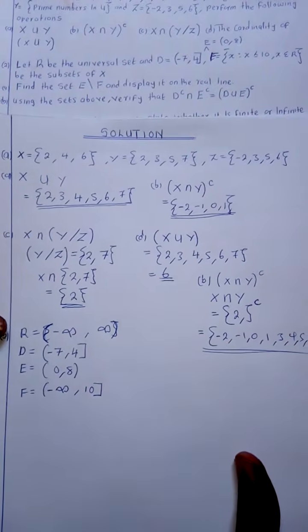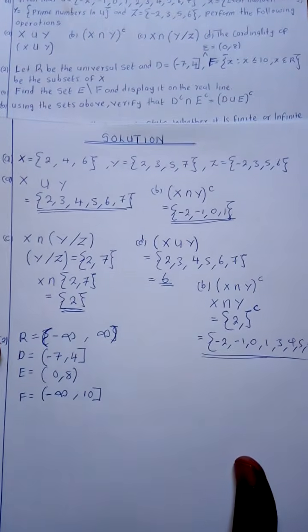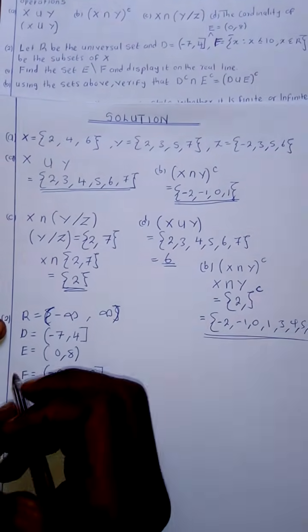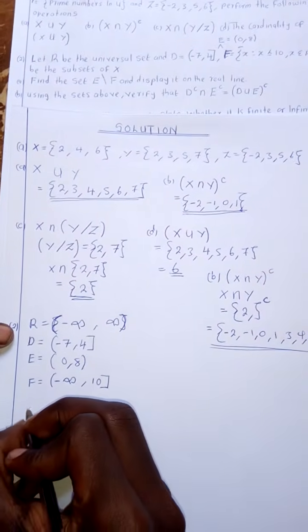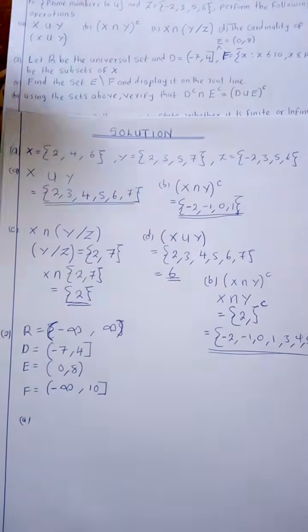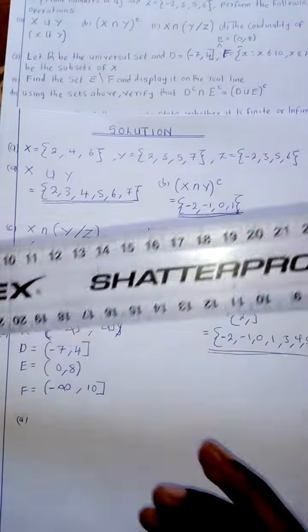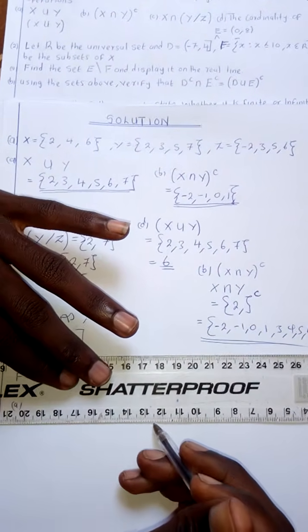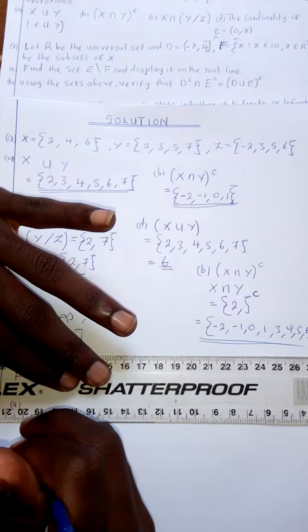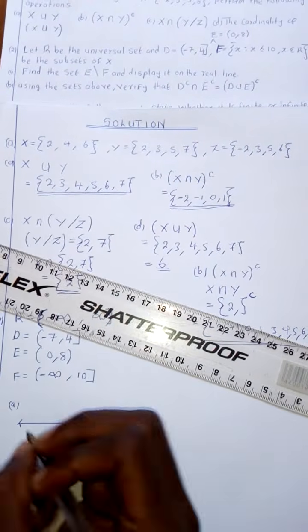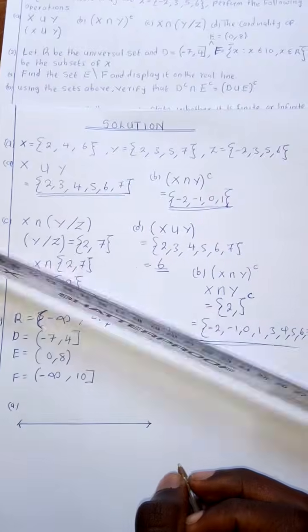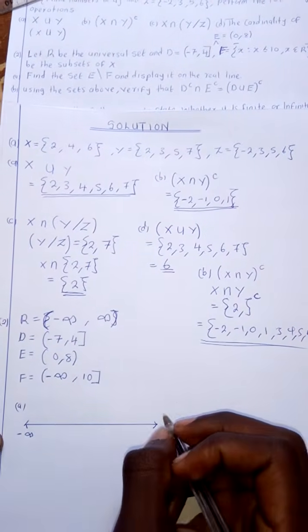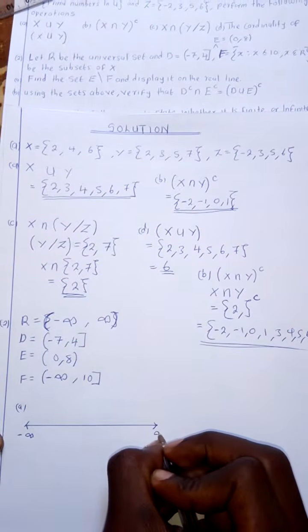These ones simply mean that these numbers are independent of each other. Now the question is saying, find the set E slash F and display it on the number line. So let me find this one. The first thing to do is draw a number line like this. We know this line is coming from negative infinity going to positive infinity.